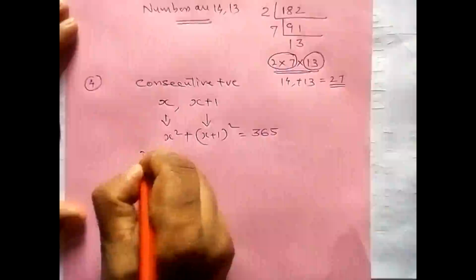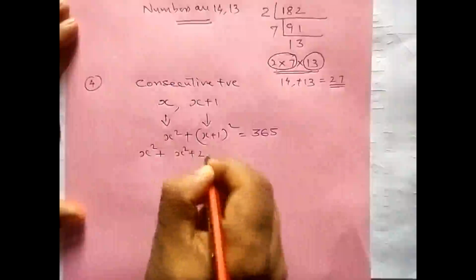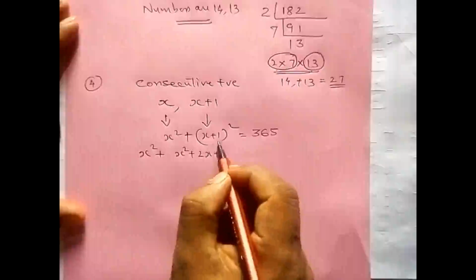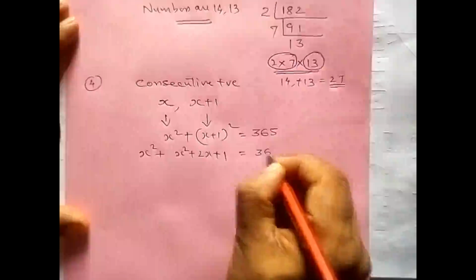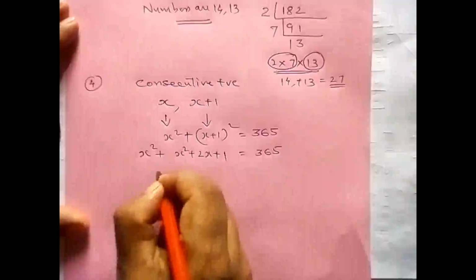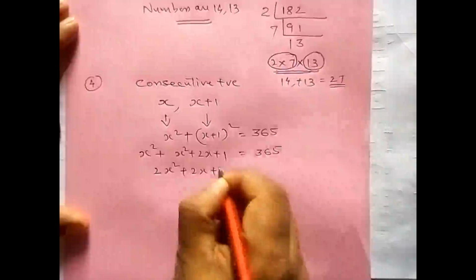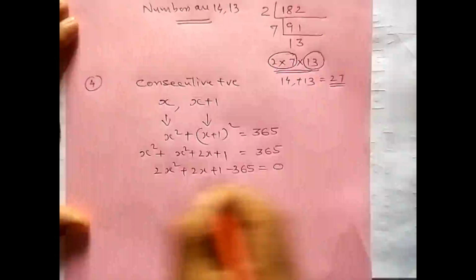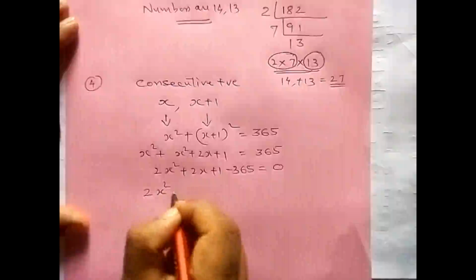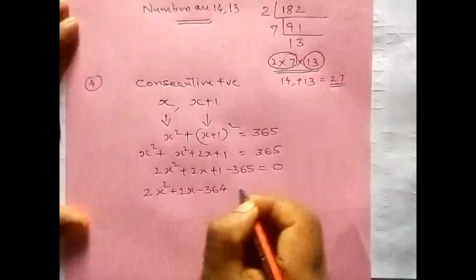We will simplify. x square plus (x plus 1) the whole square is x square plus 2x plus 1, because this is of the form (a plus b) the whole square, equal to 365. x square plus x square is 2x square plus 2x plus 1 minus 365 equal to 0, or 2x square plus 2x minus 364 equal to 0.